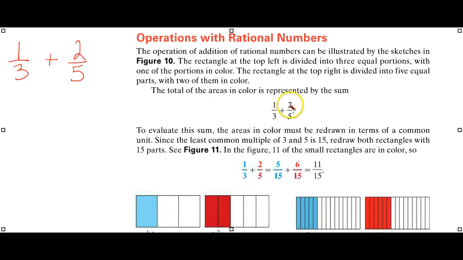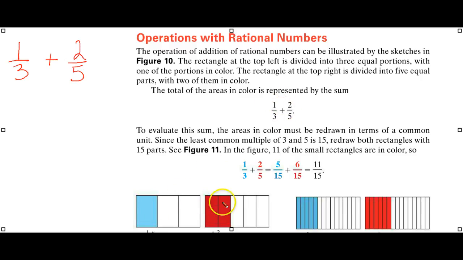For the 2/5, we have 2 of these out of 5. And you can see what's in the blue as a 1 and what's in the red as a 1 does not have the same value. So the 1 part, 3/3 and 5/5, has the same value, but the numerators do not.